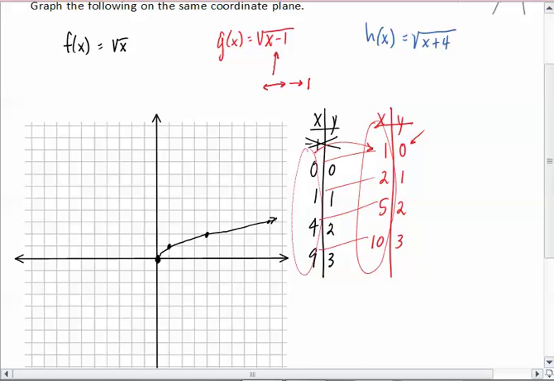Let's take a look. If I go over 1, I go up or down 0. If I go over 2, I go up 1. If I go over 5, I go up 2. And if I go over 10, I go up 3. So what's happened is that this graph of this square root function has actually shifted 1 unit to the right.